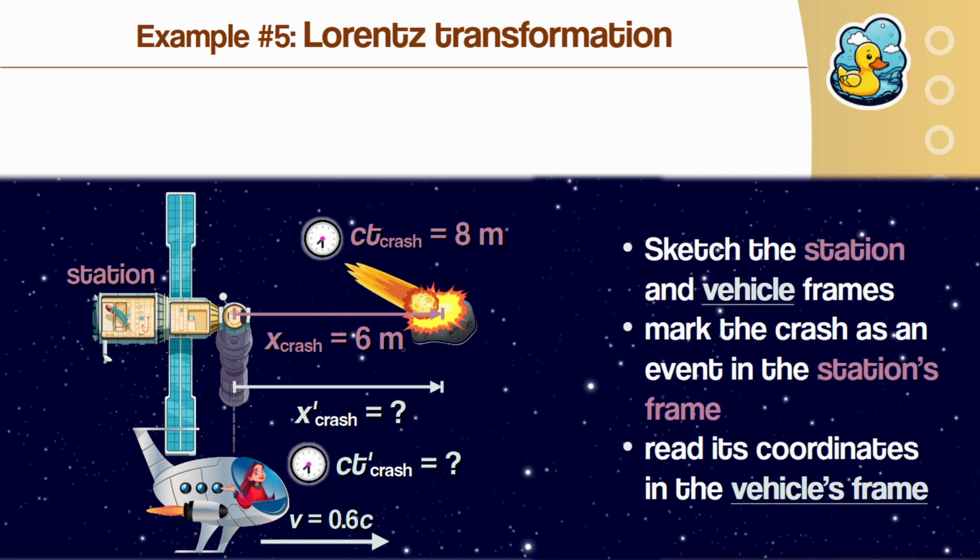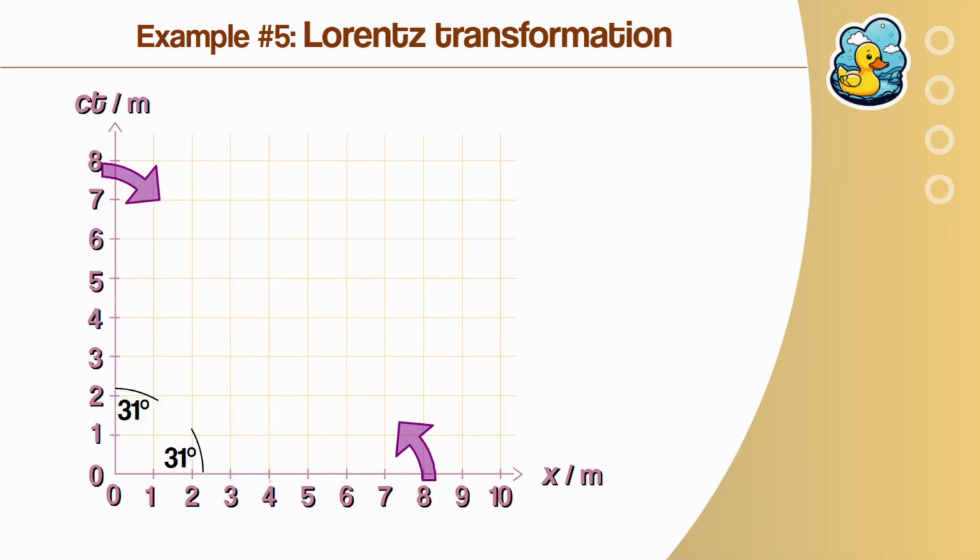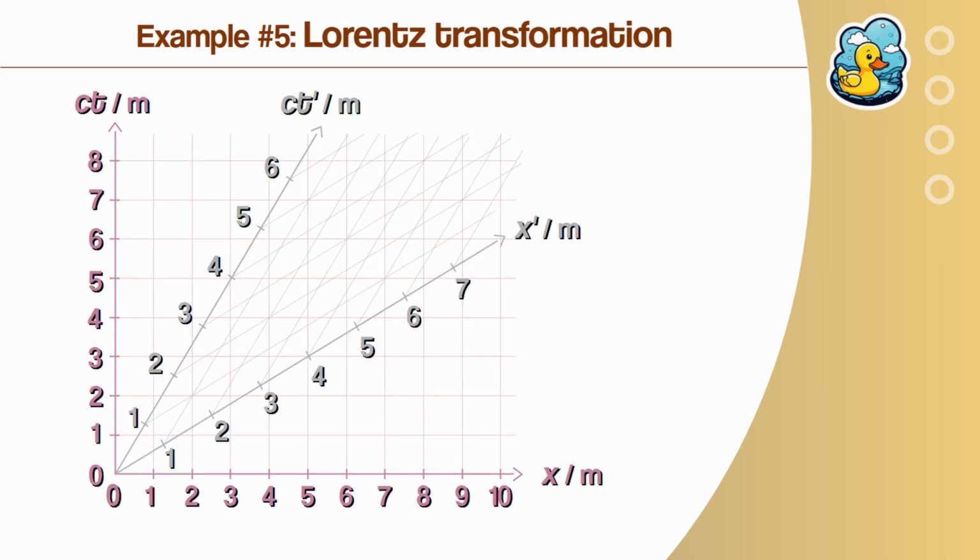Pause the video, find the event point, and try reading off its x- and ct- values using the tilted axis. We draw the tilted ct- and x- axes for a frame moving at 0.6 times the speed of light. From the diagram, we project the event onto the tilted axis. That is, we find where lines parallel to the other axis intersect them.